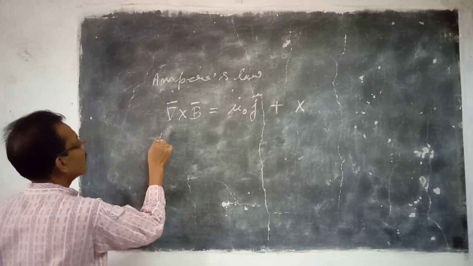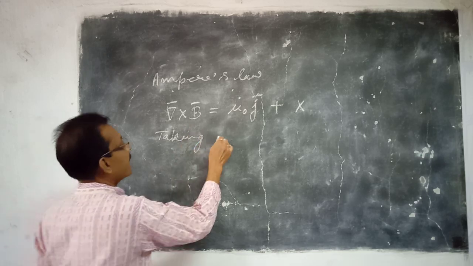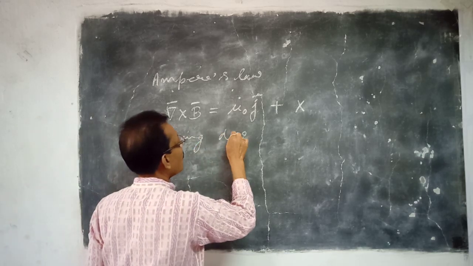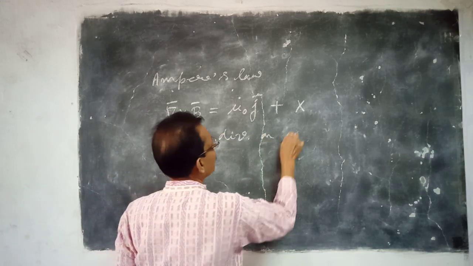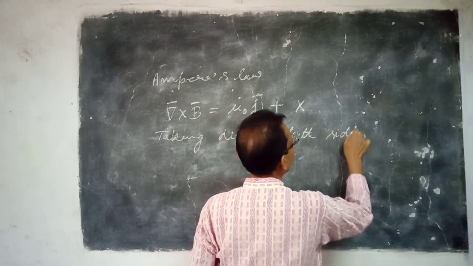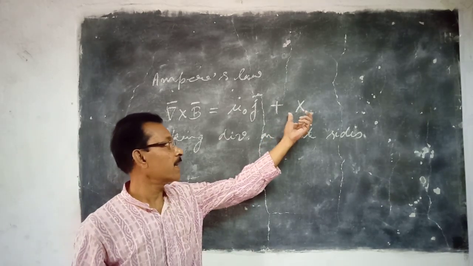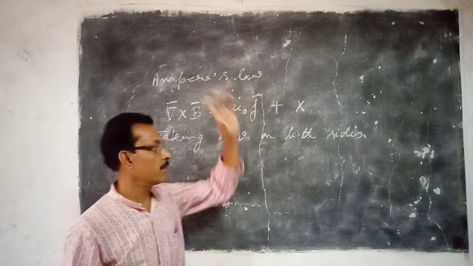Now, taking divergence on both sides, we don't know what this term is. We put here another term that should be required here, that is x.